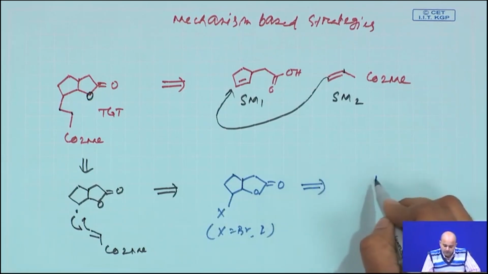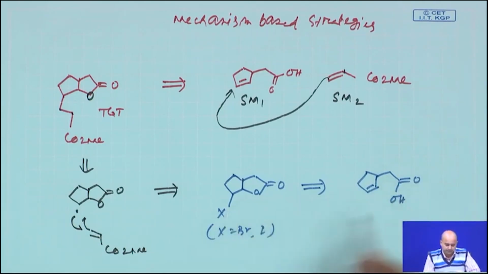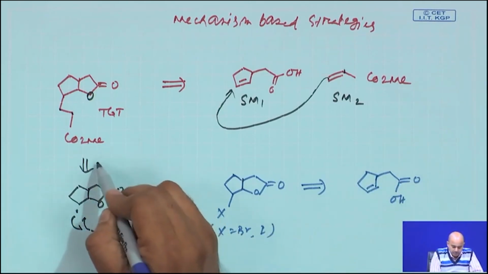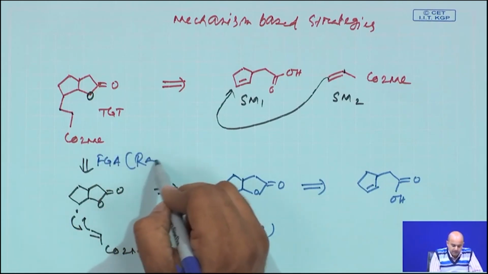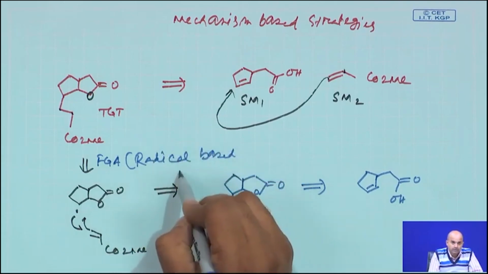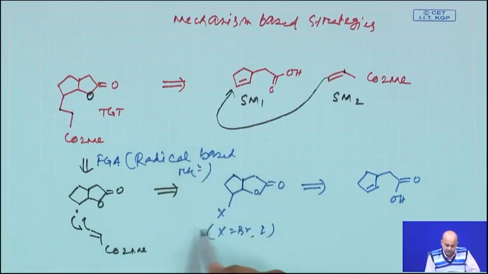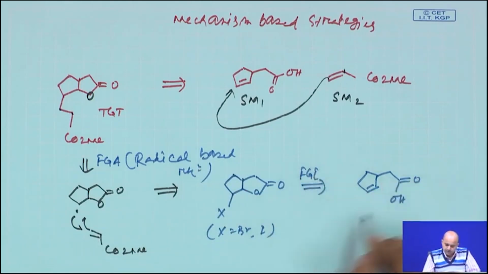So, now I am saying that we are almost close, and if you have this compound, you can easily generate this. Now, this is basically, you can think of it as a simple radical-based reaction, this is a kind of FGI, functional group interconversion. Now, your starting material is there. What can you think about?